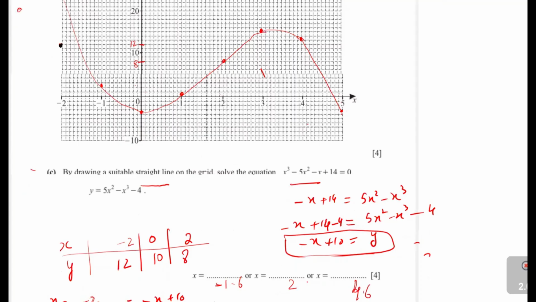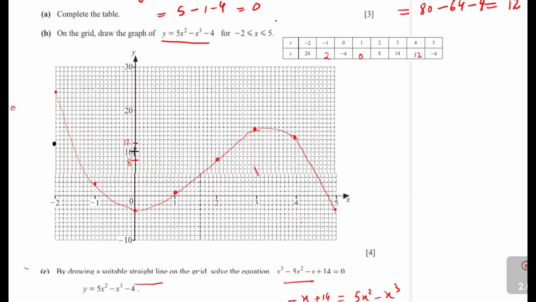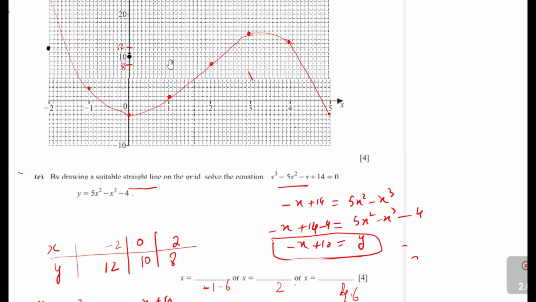On the y-axis, the x-coordinate is 0 and the y-coordinate is 10. We mark 0, 10. Next value is 2, 8. Now this position is 2, 8. This is the point 2, 8.